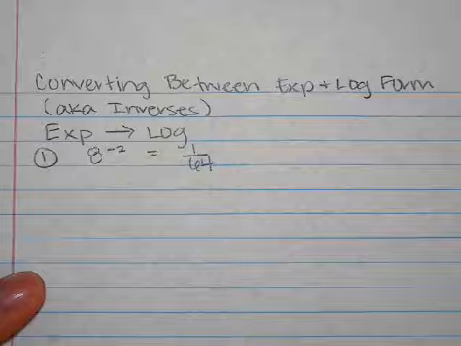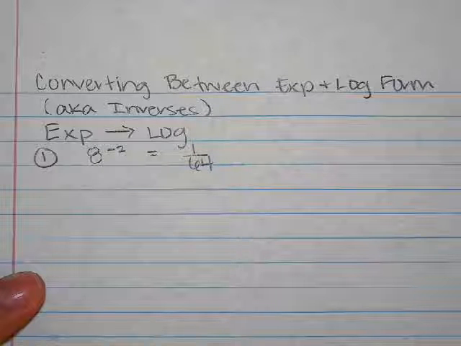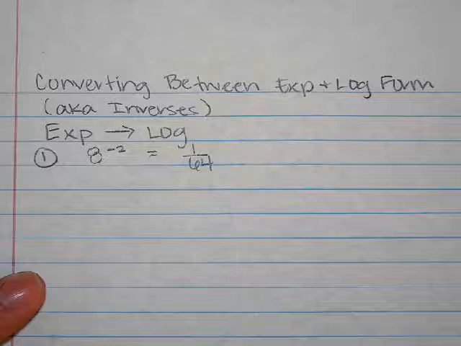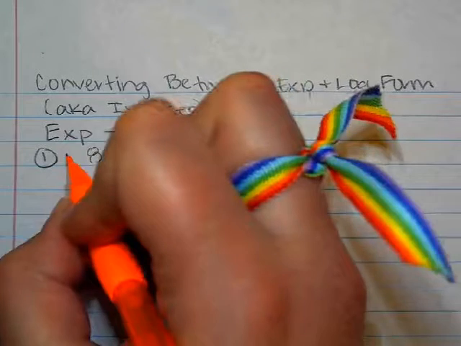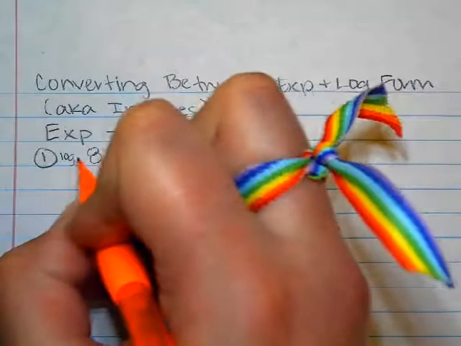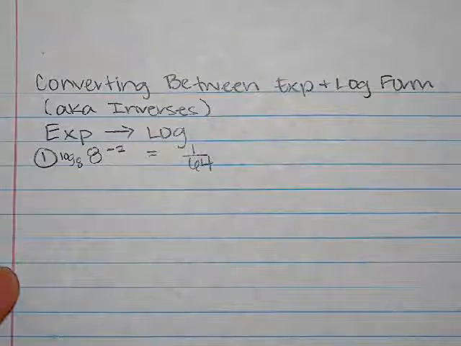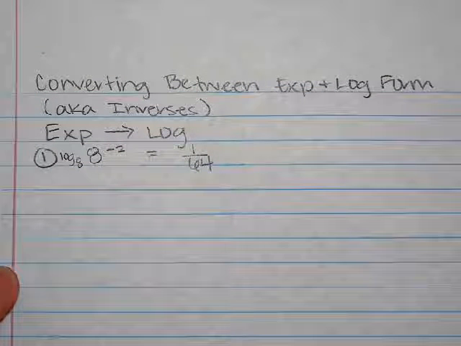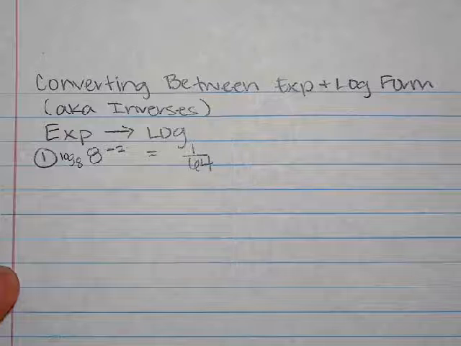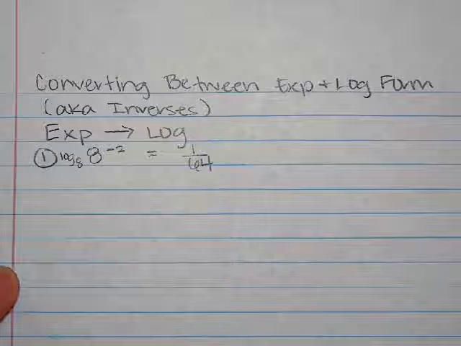So I'm going to get rid of the base of 8 by doing a log base 8 on the left side. And if I do a log with a base of 8 on the left side, I have to do the same thing on the right side of the equation because that's how you keep equations balanced. So I'm going to do a log with a base of 8 on the right side.